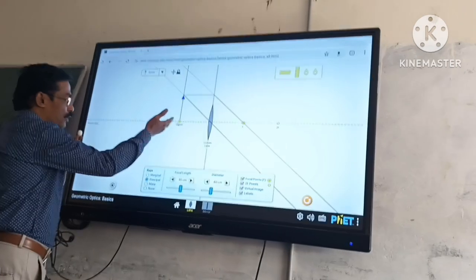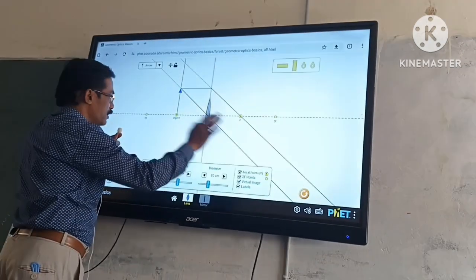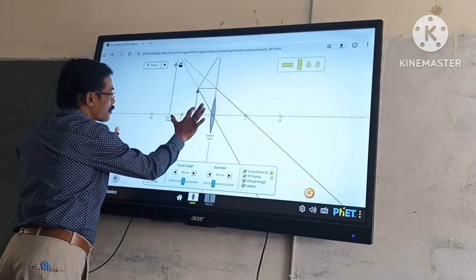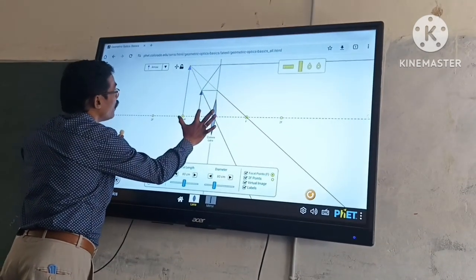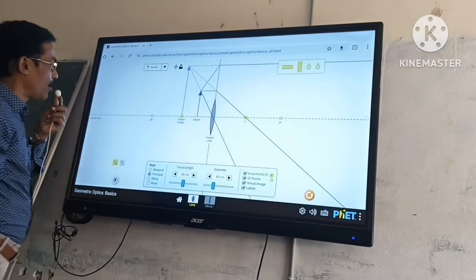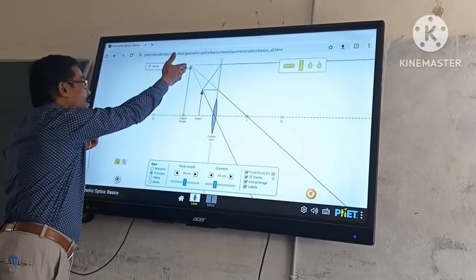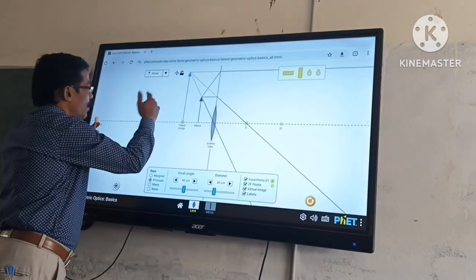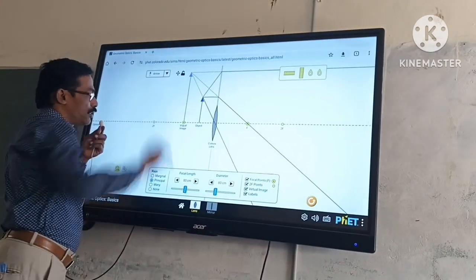If the object is between the focal point and optic center, you get behind the object a virtual, erect, enlarged image.